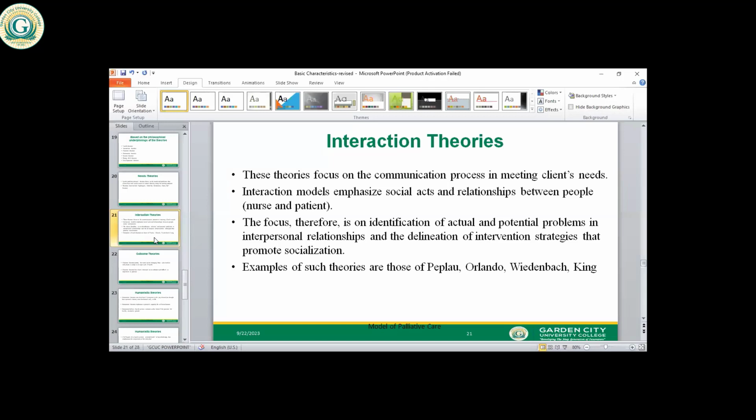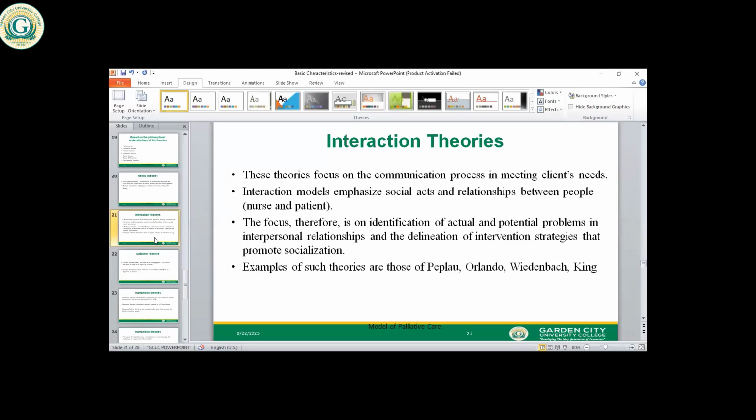You can only come to these types when you study the theory. It is after you have taken the time to look at the theory proper that you'll be able to say whether the theory is based on philosophical underpinning or if it is based on purpose. Sometimes the theories might be interrelated. It might be based on purpose, but you read and realize that it is more geared towards a particular philosophical underpinning, maybe a need theory or an interaction theory.